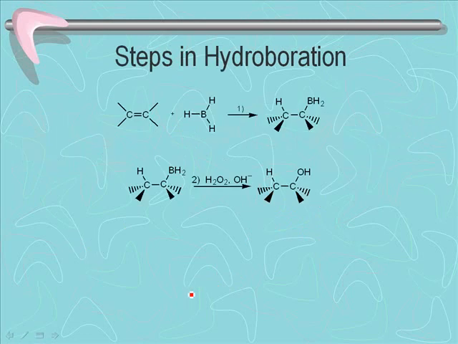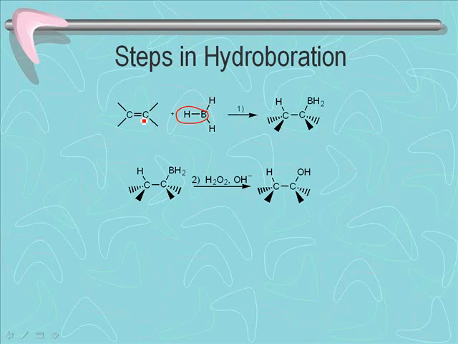So let's look at the individual steps in the hydroboration reaction. In the very first step, a hydrogen-boron bond adds to the carbon-carbon double bond. And it does so by just simply adding onto the same face of the carbon-carbon double bond. One way to view this is that the hydrogen-boron bond is a quite stubby bond.